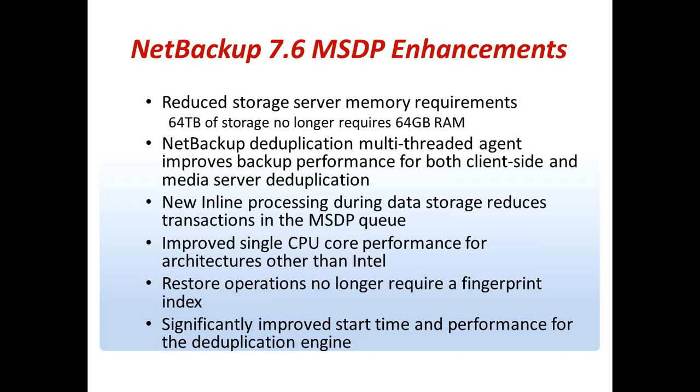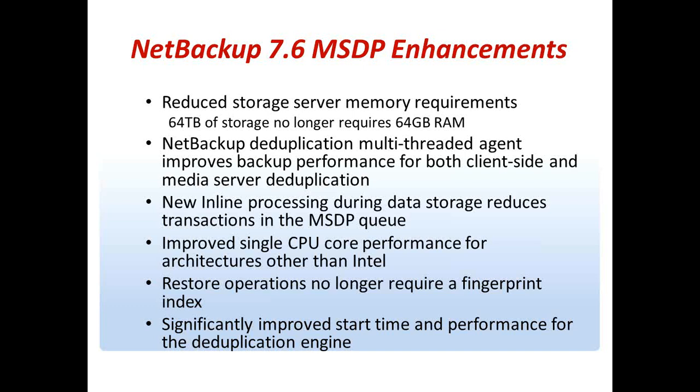NetBackup deduplication multi-threaded agents are now being used. That improves backup performance for both client-side and media server deduplication. We have a new inline processing during data storage, which reduces transactions in the MSDP queue. It improves single CPU performance for architectures other than Intel.